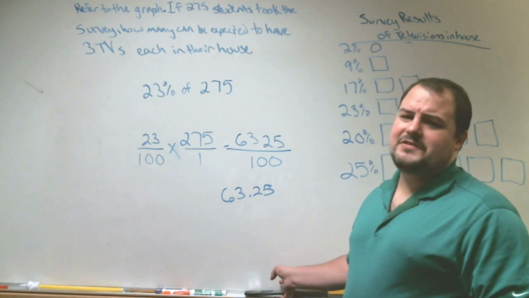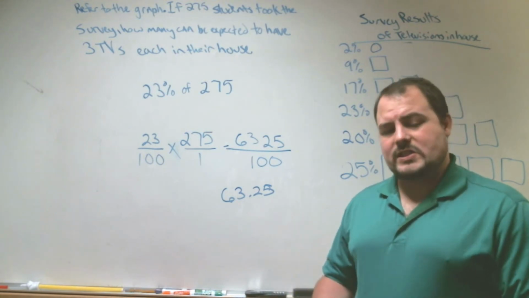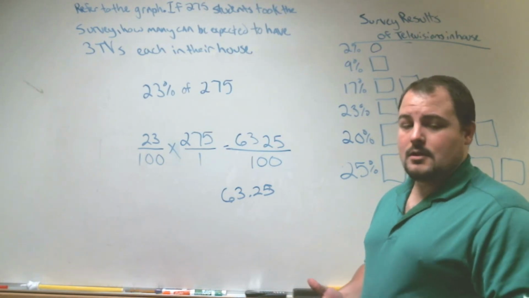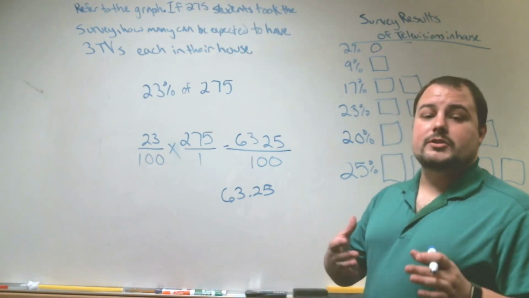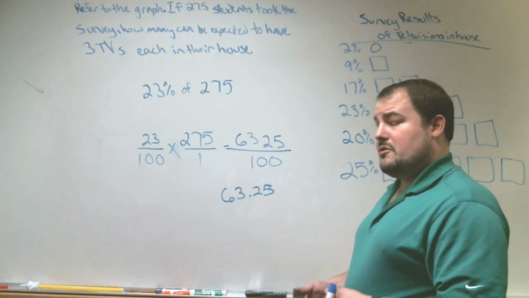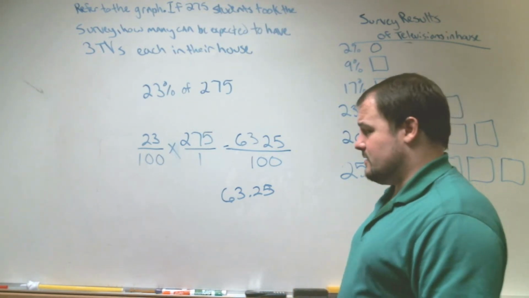Now, I'm not going to have 63 and 0.25 of a student. So I'm actually going to round this to a whole number since I'm talking about a person. So I'm going to say, is this whole number closer to 63 or closer to 64? 63.25, it's closer to 63.